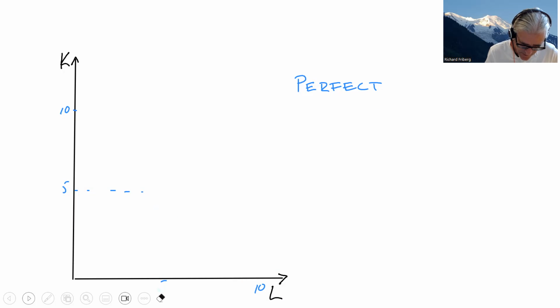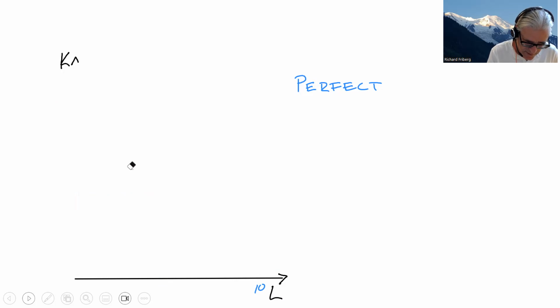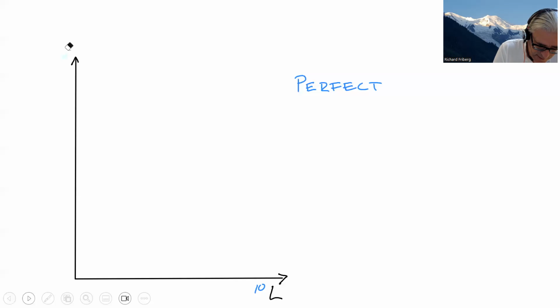Another extreme would be the case of what we call perfect complements. So here, we could think of the capital as, say, rickshaws, like a bicycle taxi, and labor as riders of that rickshaw.